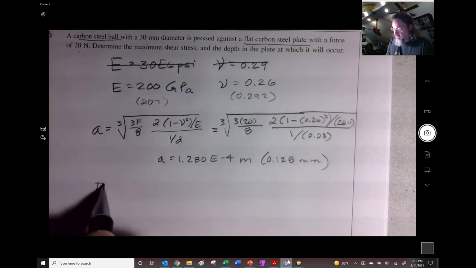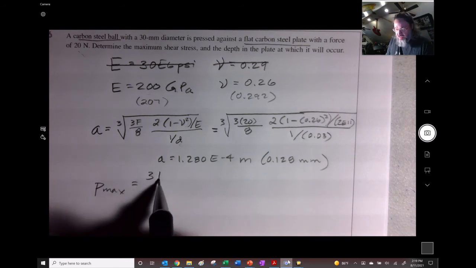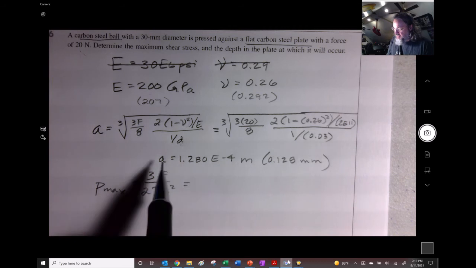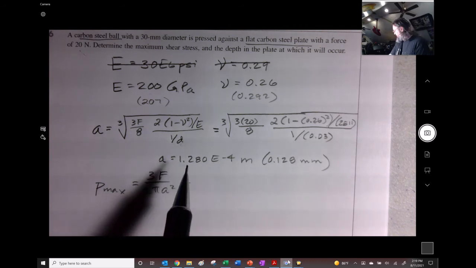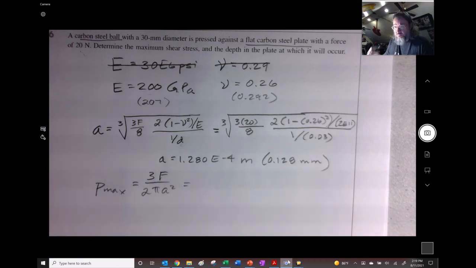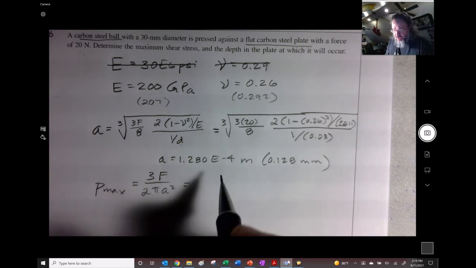And so we can now find our P max, which is 3 times F divided by 2 pi a squared. Remembering that a is the radius of the circle formed between the sphere and the flat plate.